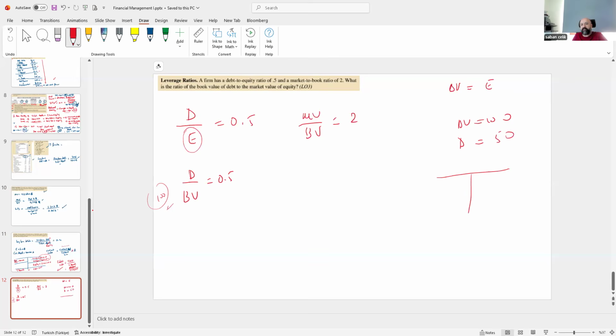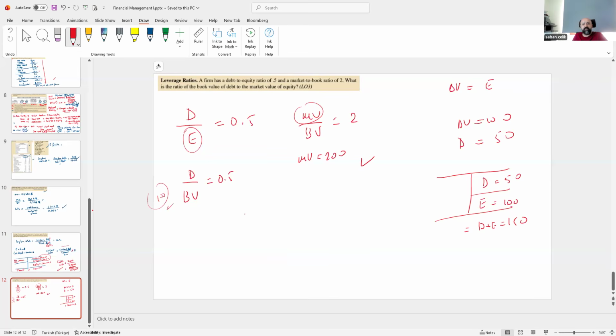So if you construct the balance sheet here, this is debt, equity. If here is 100, this is going to be 50. So total asset will be debt plus equity, which is 150. All right. So what is the market value then? If book value is 100, market value will be 200. So now, what is the question?